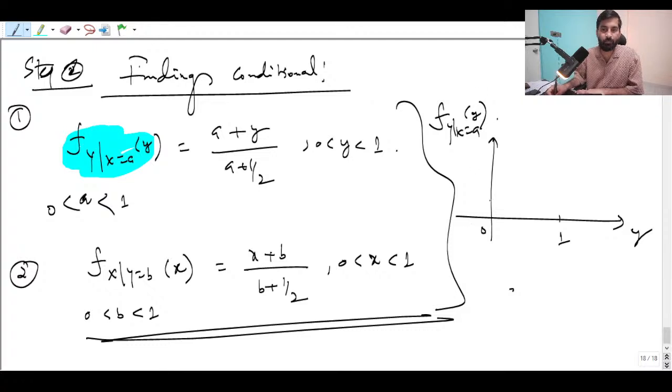Now at 0, if you plug in y equal to 0, this becomes a by a plus 1 by 2. And if you plug in y equal to 1, this becomes the point here, that is a plus 1 by a plus 1 by 2. So this kind of a situation you are getting, right? You can also plot it.